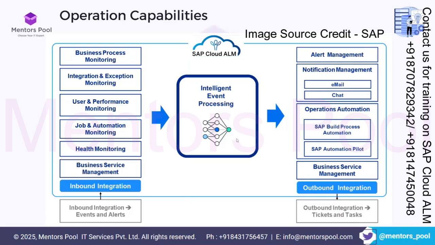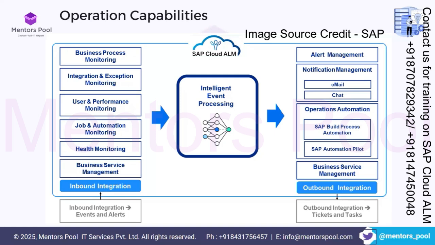And business service management is one of the things where you can create notifications to the business and stakeholders saying that at so and so time we are going to do the patching. So if any work you are going to do, please capture it into your local space so that after the business downtime, once the system is up and running, you can restart your work.